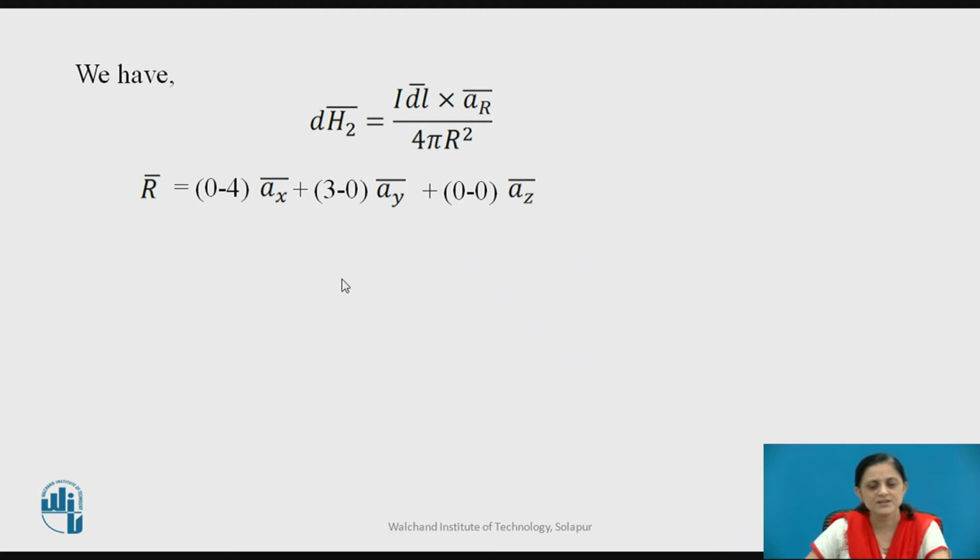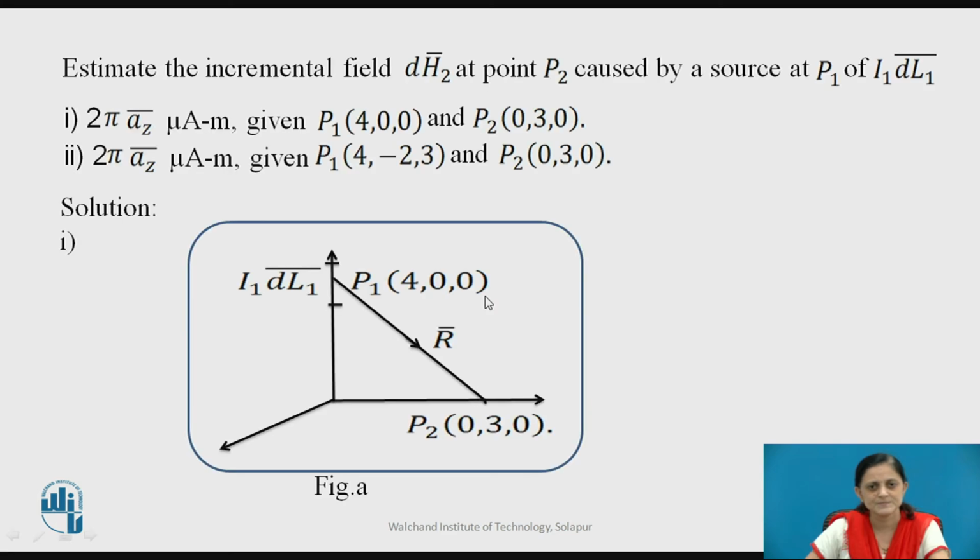The r bar vector is calculated by using the end coordinate minus start coordinate formula. The end coordinate is (0, 3, 0), and the start coordinate is (4, 0, 0). So you can calculate the r bar vector as P2 minus P1: 0 minus 4, 3 minus 0, and 0 minus 0.